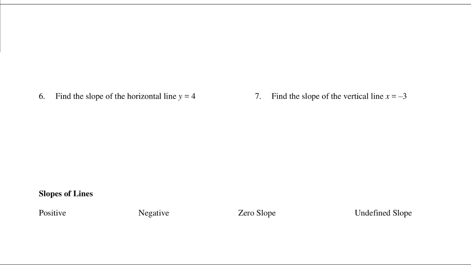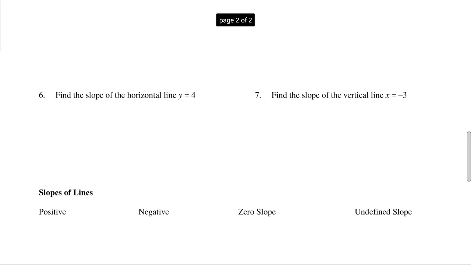Now let's talk about the slope of horizontal and vertical lines. If a line is horizontal, like y equals 4 in this case, then what we're looking at is a picture of a line where y is 4.